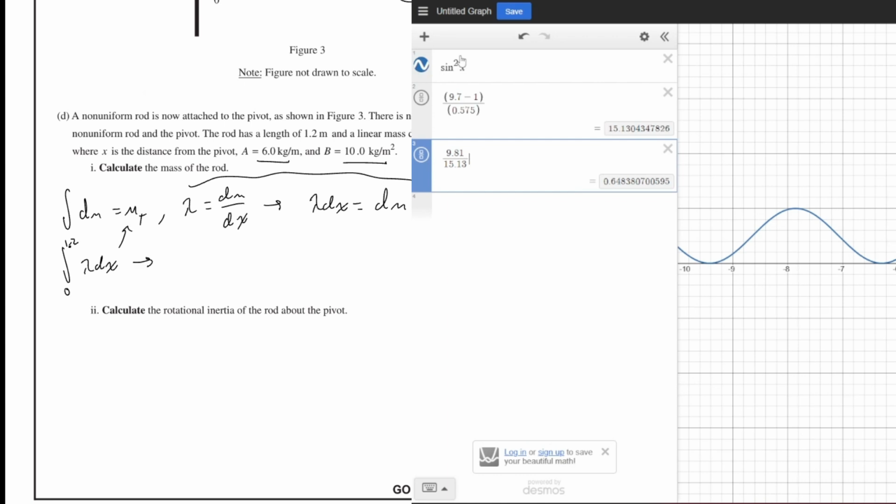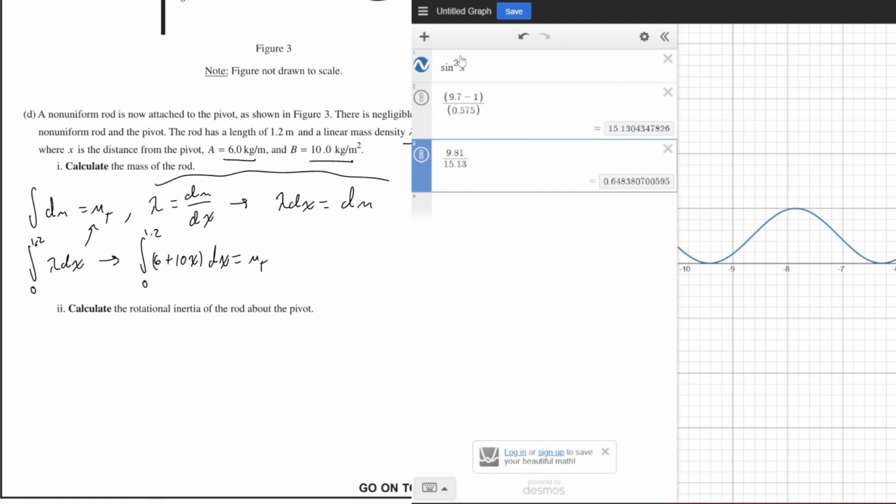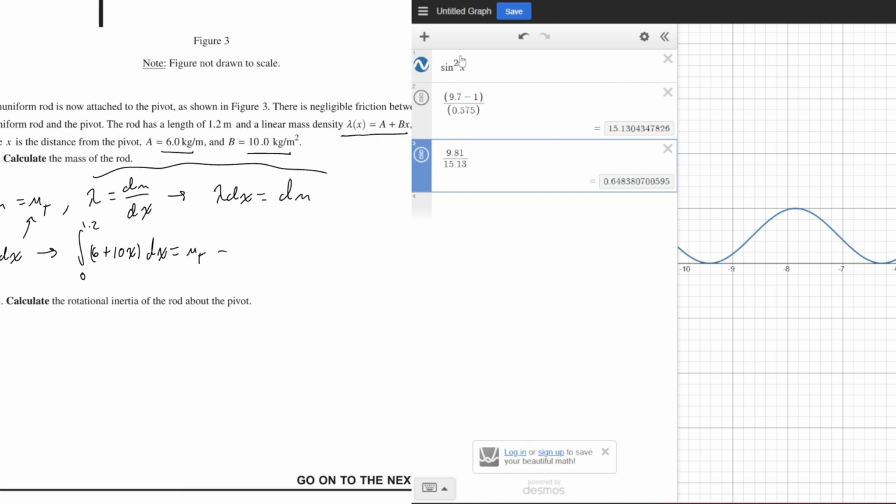Well, lambda is a function, so I can't integrate it just like that. So I'll use the integral from 0 to 1.2 of 6 plus 10x dx equals m total. Great. Now I'll just integrate this like normal. This will give me 6x plus 10x squared over 2, which is 5x squared, from the limits of 0 to 1.2.